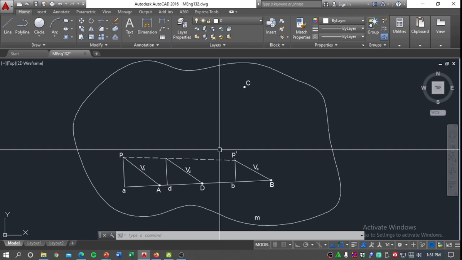So at this point, we will go back to the method that we've just used in part 1 of this lecture. If you remember, in part 1 of our lecture, we did find the velocity of an unknown.